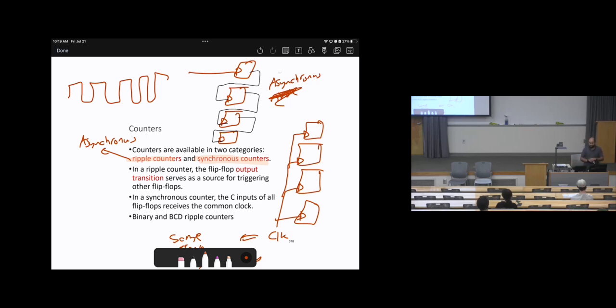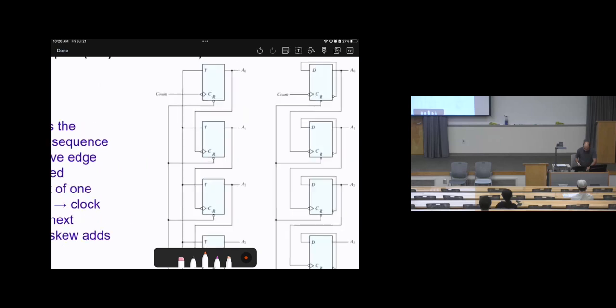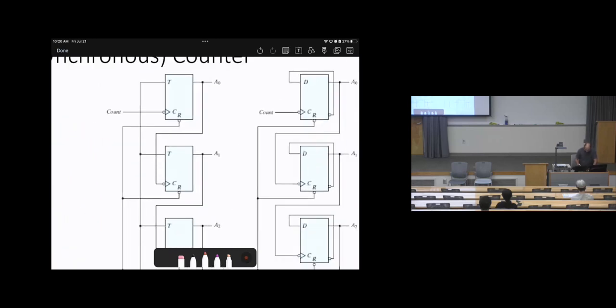So there are either ways. We have something like a push button to make the clock, and this will be the same as the counter, or there will be a clock itself, and there will be a counter alone. It depends on the design. So let's talk about the asynchronous counters, which is the ripple counter. As we see here, the clock is connected to counts.